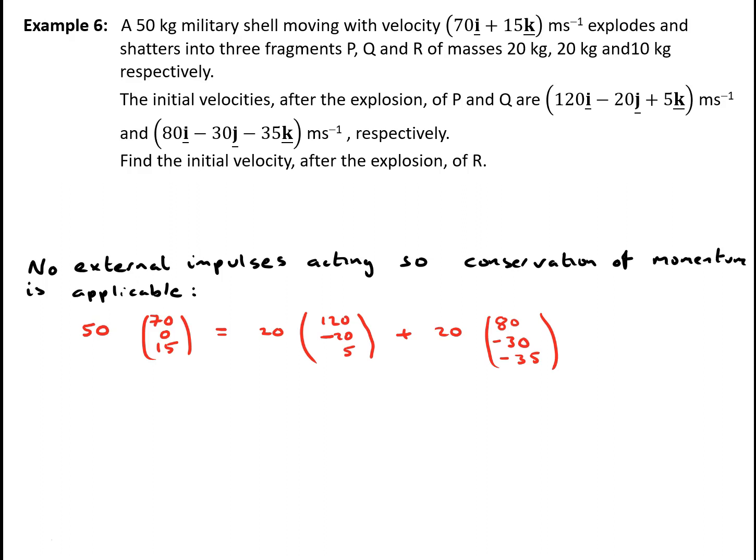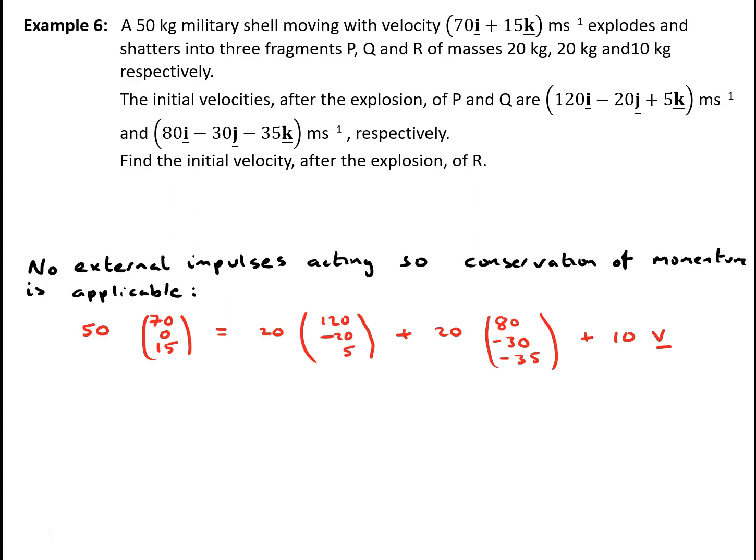And finally, the final component of the momentum after the explosion will be the momentum of R, which is going to be 10 times whatever the velocity of R is immediately after the explosion.